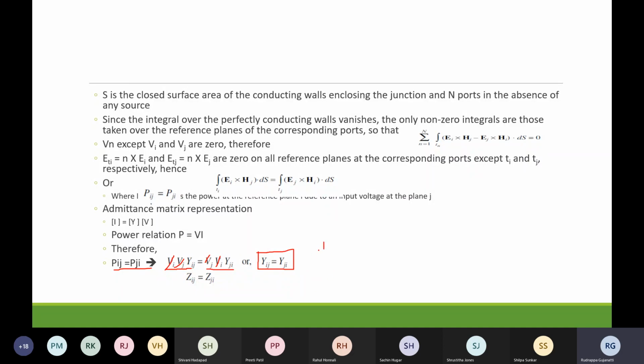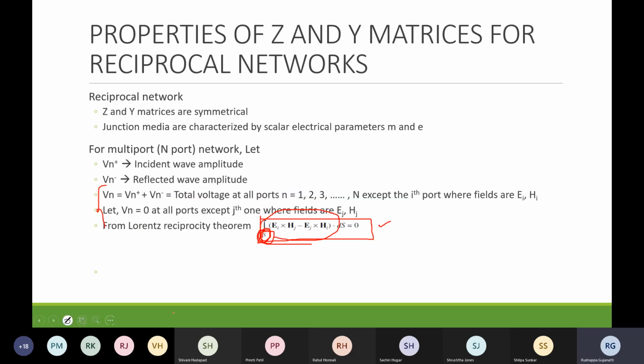And since we know that Zij is nothing but 1 by Yij, if I substitute this over here, I'll get the admittance representation. So this is what represents the reciprocal network. That is, the property of the reciprocal network will be reflected in the Z and Y matrices.